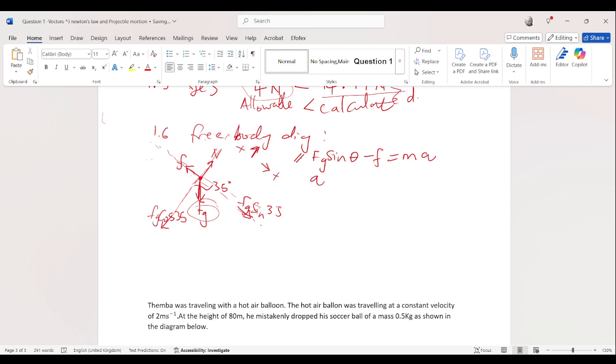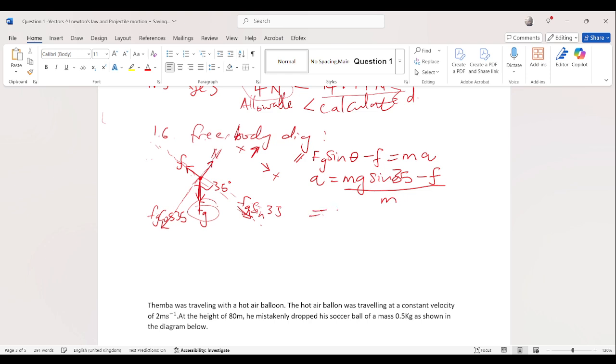Now acceleration is given by Fg, which is mass times gravity sine of 35, minus friction, all divided by the mass.